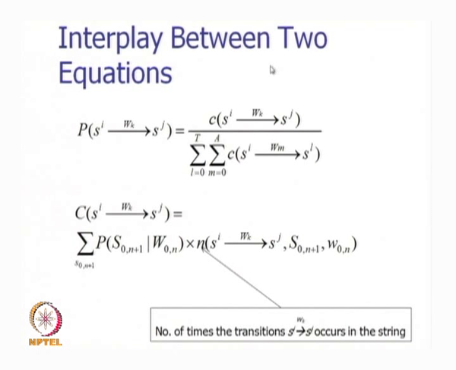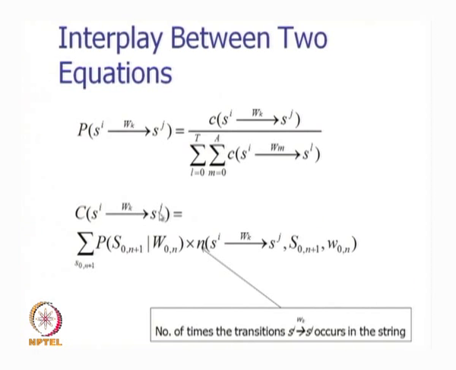Going to the slides once again, let us illustrate this procedure of computation. P of S i to S j on W k is nothing but C of S i to S j on W k divided by the total count of transitions from S i to S L on symbol W m, where this is the count of all those patterns where S i is the source, and any W m and any S L are the corresponding output symbol and destination state respectively.